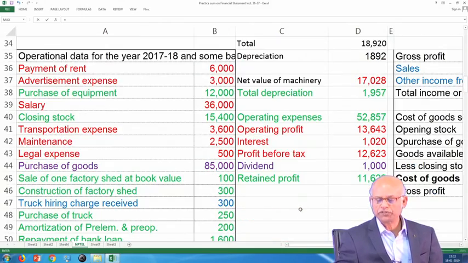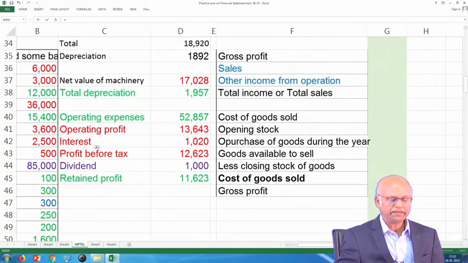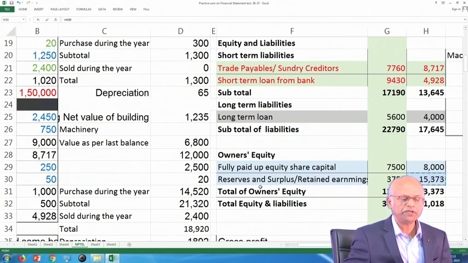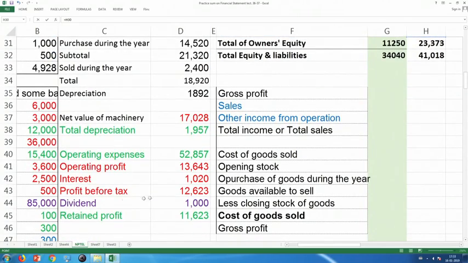So, whatever was the profit, we took it as net profit, and then paid dividend, and came retained earning. Retained earning has been taken from H30.